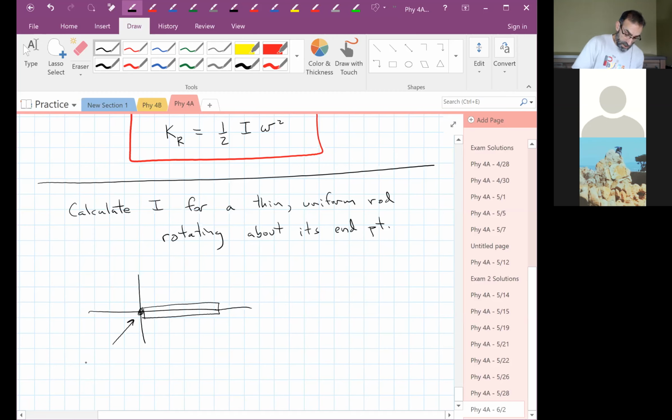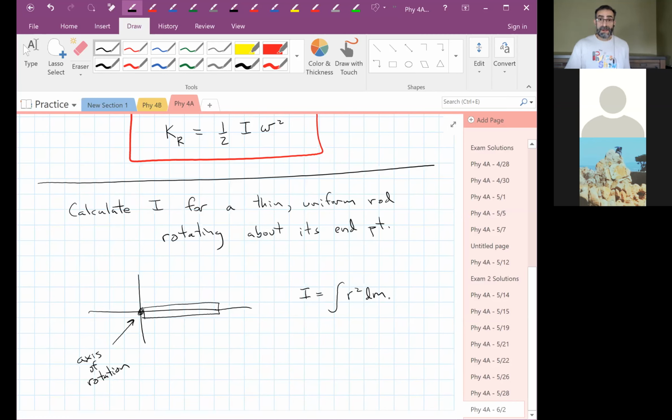There's our axis of rotation. Okay, what is our formula? The integral of r squared dm.